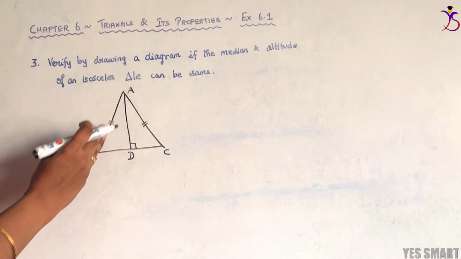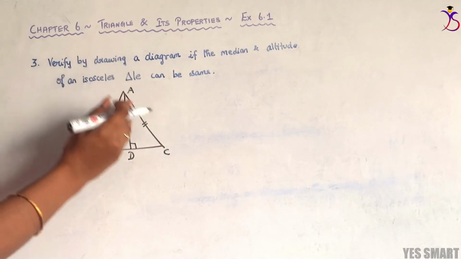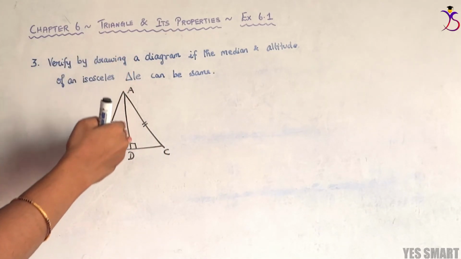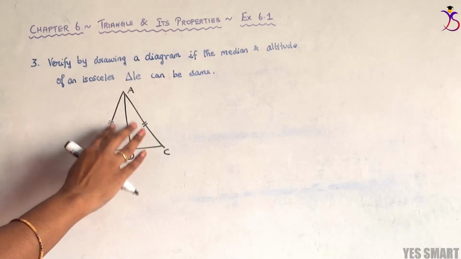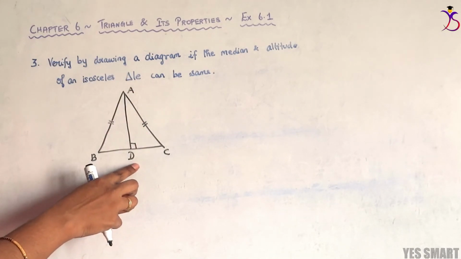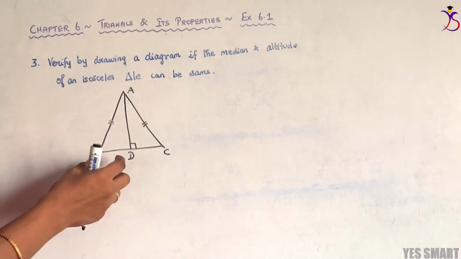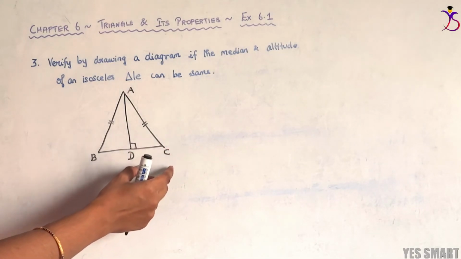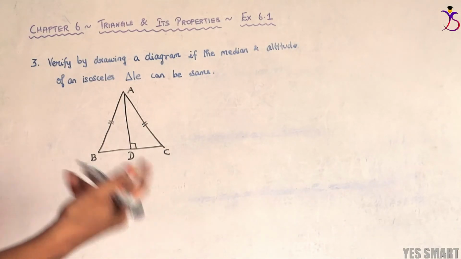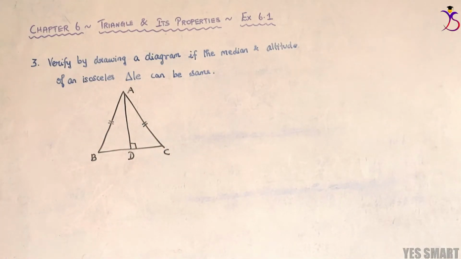Obviously, in this case, this altitude AD divides or bisects the triangle into two equal halves because already they were two equal sides. If at all one side of this triangle is somewhat larger than the other side, then it wouldn't be a median. But here, since it is an isosceles triangle, already AB is equal to AC.